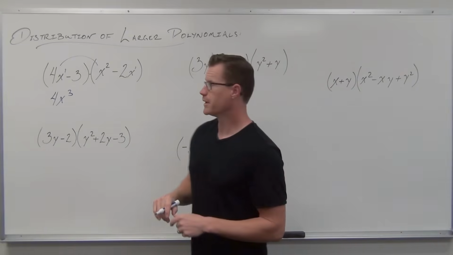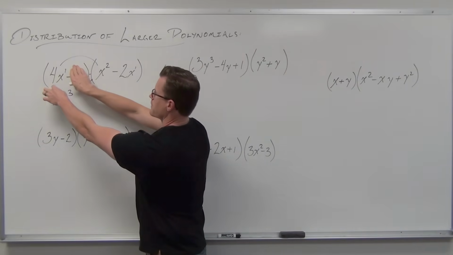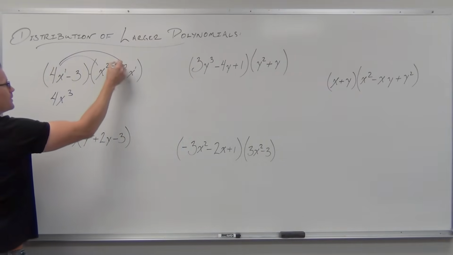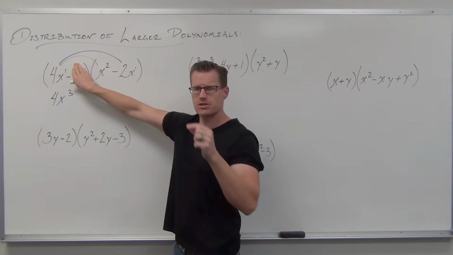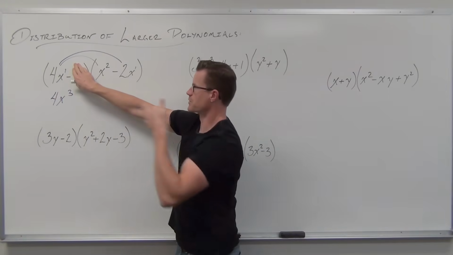So 4x to the third. Now, since I'm still working with this monomial, I need to make sure that that individual term hits every other term. So I distribute as if it were just a single term, and I make sure that one term gets multiplied through. So 4x to the first times x to the second, 4x to the third, no problem.